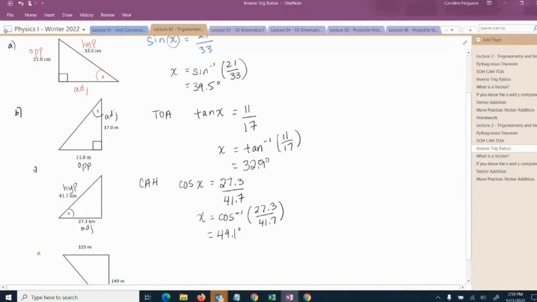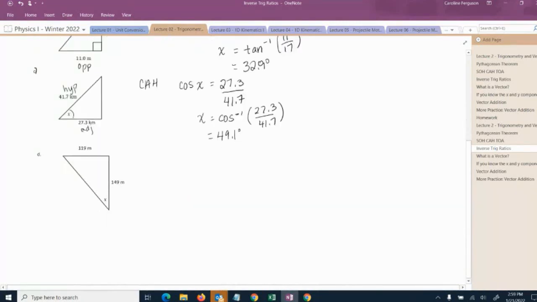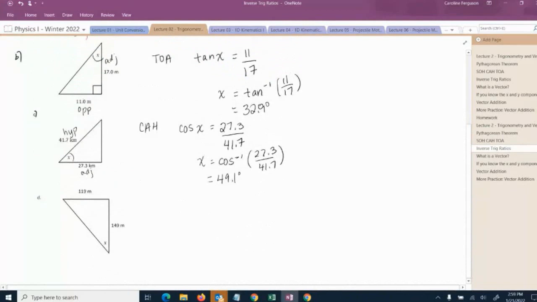Perfect. Good. And then one more, D. So for D, the opposite side is 119. The adjacent side is 149. So we're doing tan. So TOA, tan of the angle x is equal to opposite, which is 119, over adjacent, which is 149.